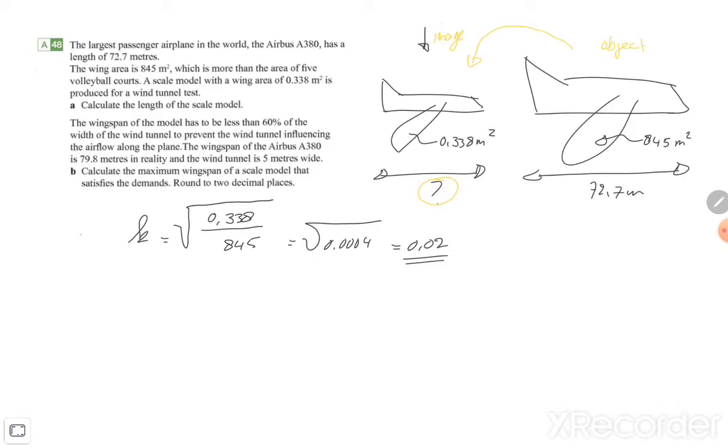Now we need to go on with my scale factor, because the length of my scale model is the 72.7 meters multiplied by the 0.02, and that will be 1.454 meters.